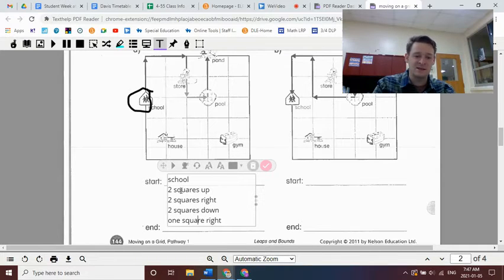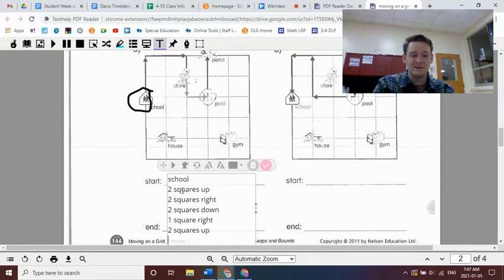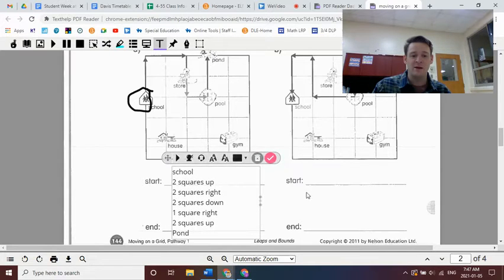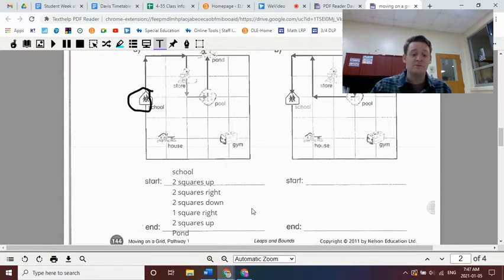Oops, let's keep things consistent. Which means the same. 2 squares up. And I'm ending at the pond. Okay, so there's an example of how that could look for you.